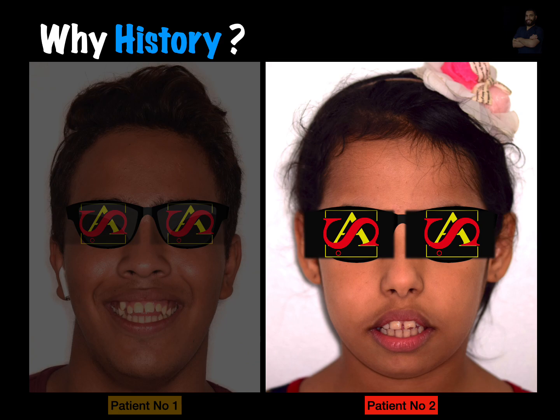So you should refer this patient to an ENT specialist to confirm the patency of the nose and the airway pathway before starting the treatment. And after that you can start the treatment correctly and correct this open bite after removing any cause or history that is present before our treatment.